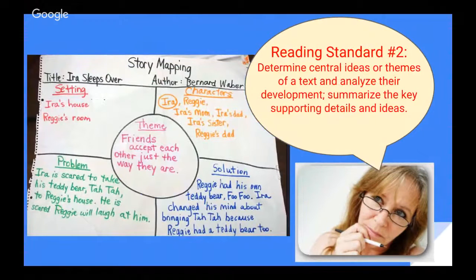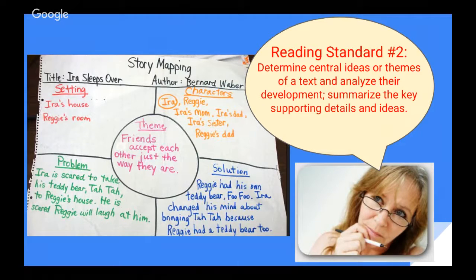So again, I bring this back because it's such a model example. In Standard 2, you start with that central idea. In Ira Sleeps Over, it's the idea that this author is teaching how friends accept each other just the way they are. And in analyzing the development that the author uses, you would be unfolding that it is Ira and Reggie that are the main characters.